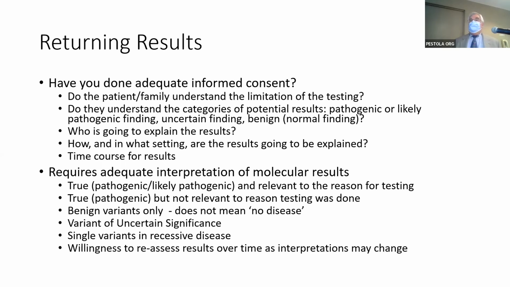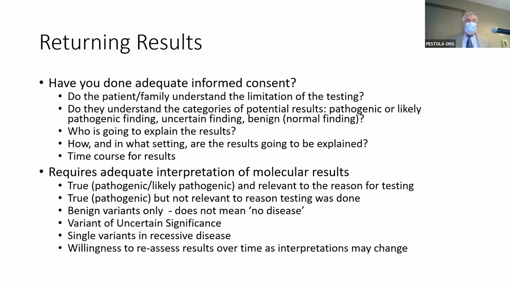So if you've done a test and you feel confident you ordered the right test, now you have to get results back. So the first thing, I run into this all the time, seeing results from outside: have they given informed consent? Does the family understand the limitations of the testing that you're doing? Do they understand the categories of results?